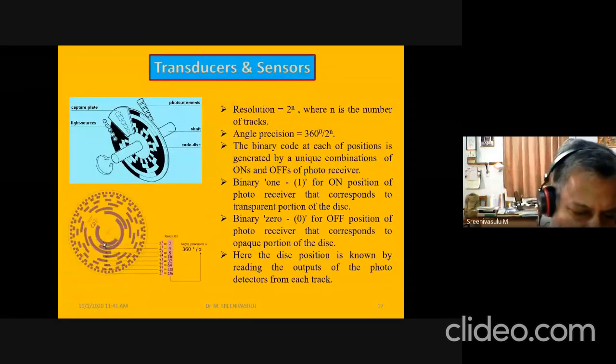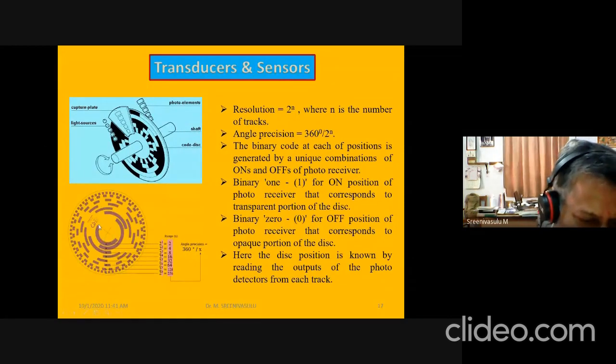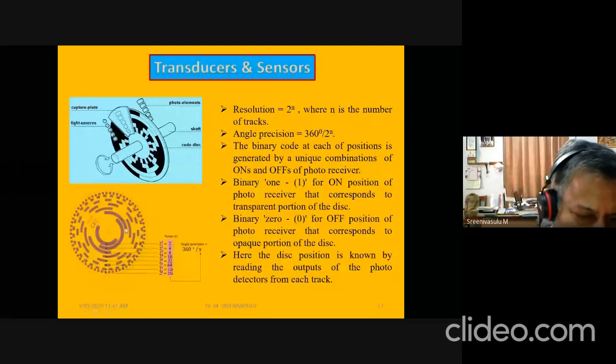Now you can see many more here. Why has that been kept like this? Let us see how it has been done. This has been labeled as 2 power 1, that is 2. Then the next one, 2 power 2. The next one, 2 power 3. The next one, 2 power 4.